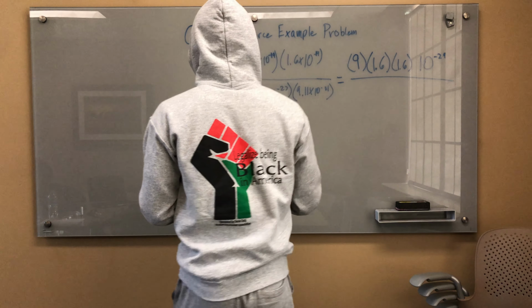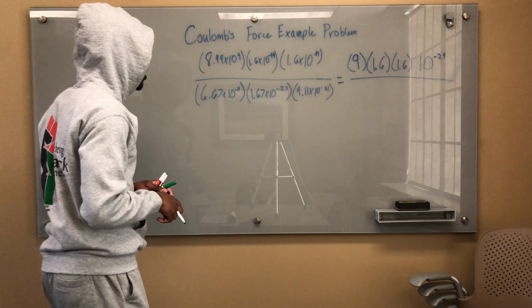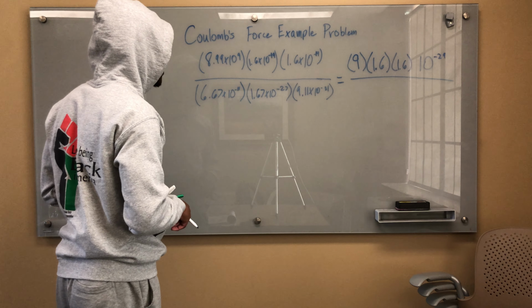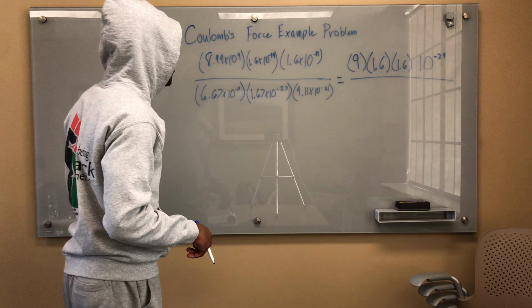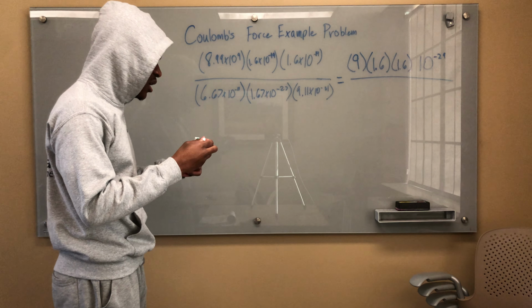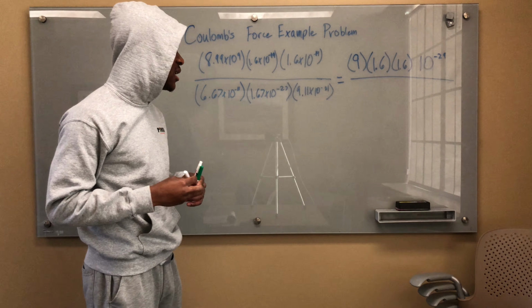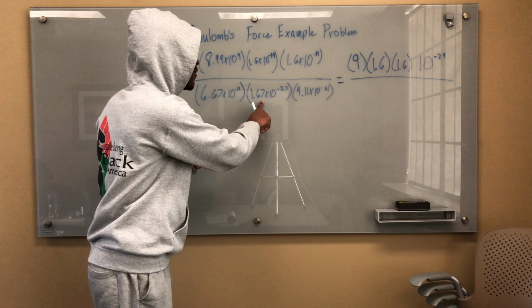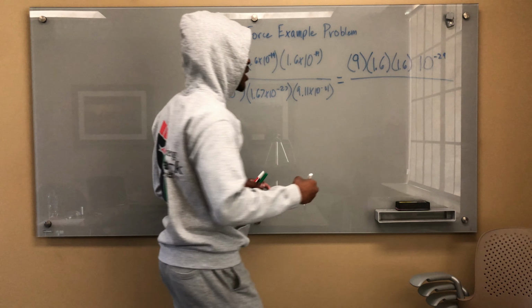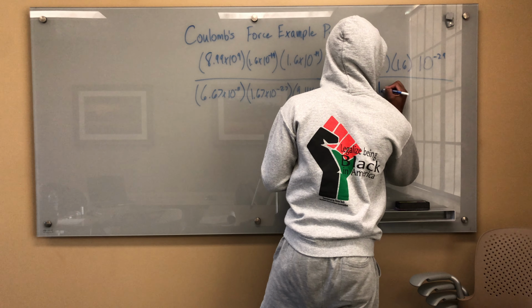Now, I'm going to do the same with the bottom numbers, right? This is 6.67, 1.67, 9.11. So what I really want to do here is look for things that I can cancel out, right? I can see that this is sort of near 1.6, so I'm going to go ahead and leave that as a 1.6.